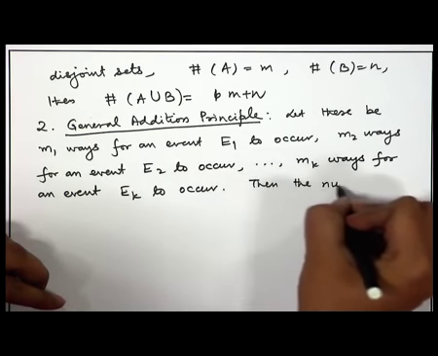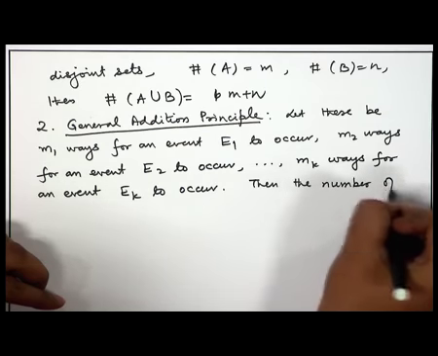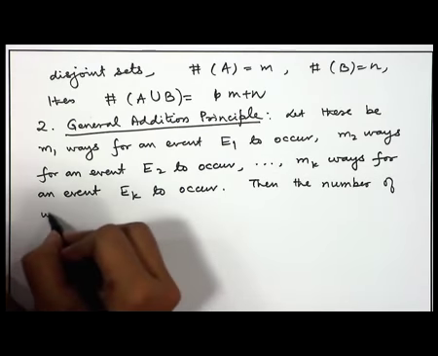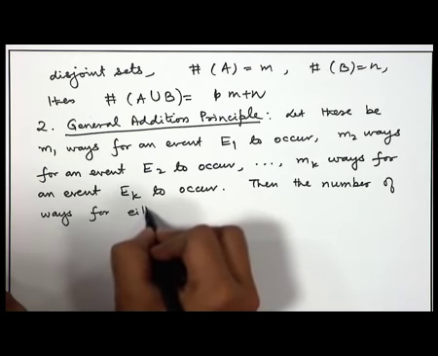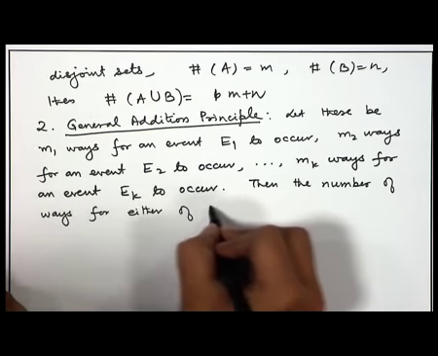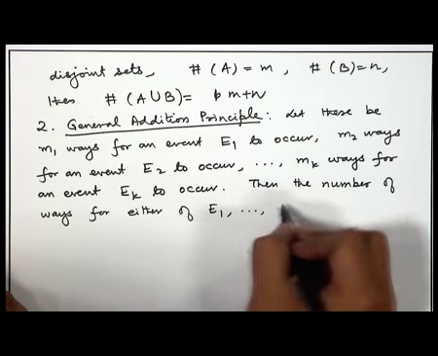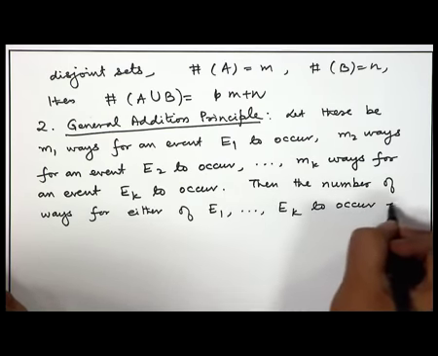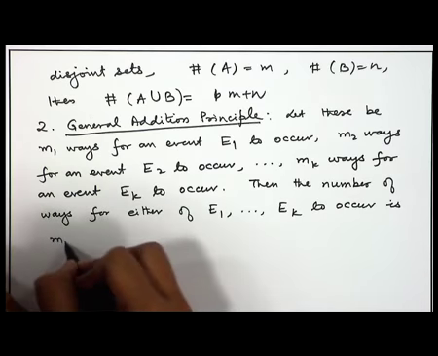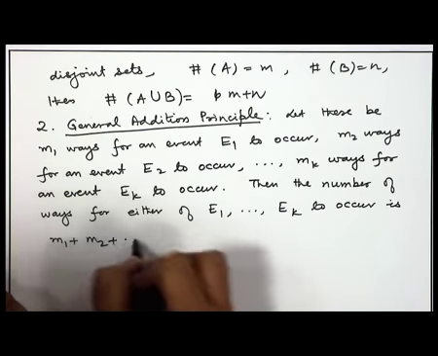Then the number of ways for either of E 1, E 2, E k to occur is m 1 plus m 2 plus m k.